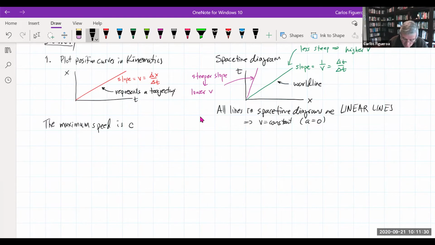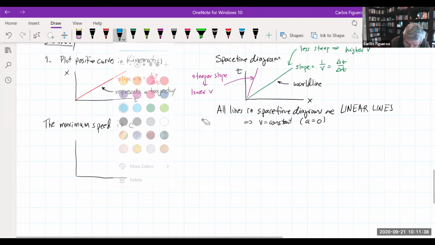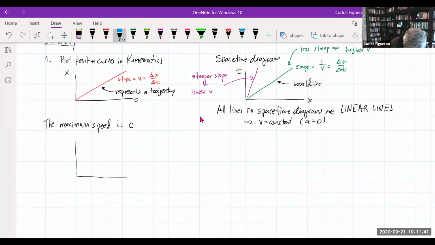And in this world, when I plot these, that means that our speed, c, is always at 45 degrees. So this is v equal to c, and it's at an angle of 45 degrees. So this guy's at 45 degrees.